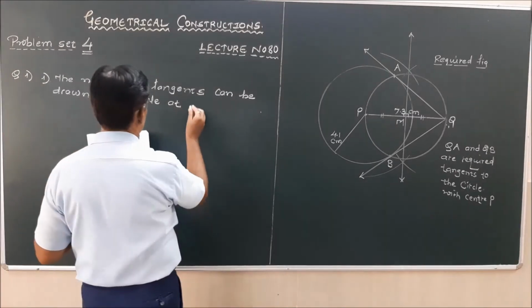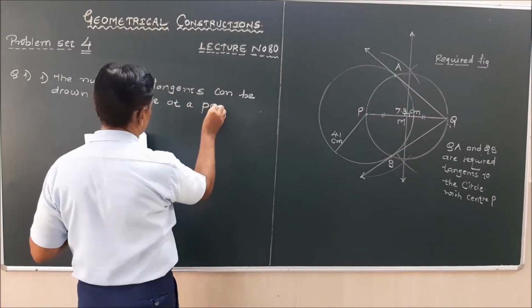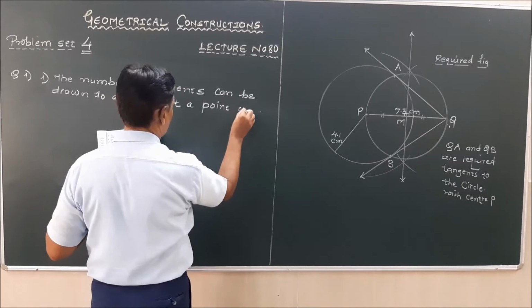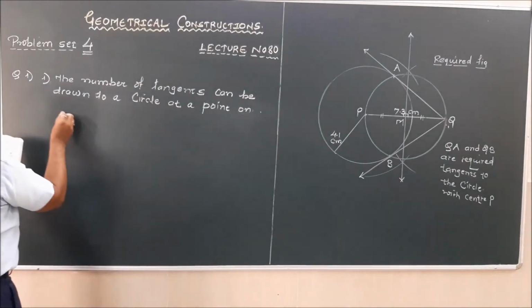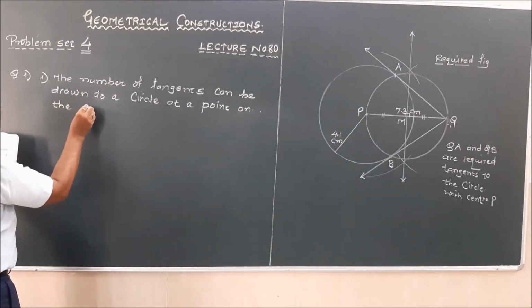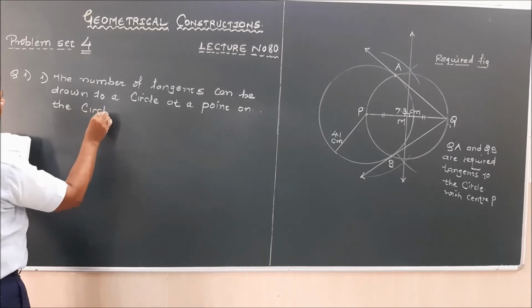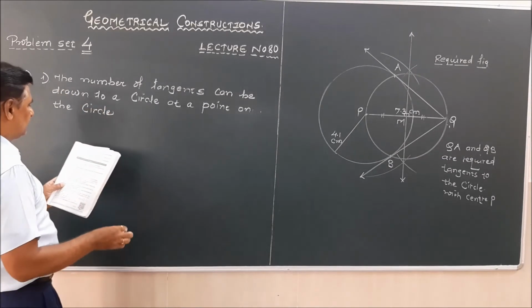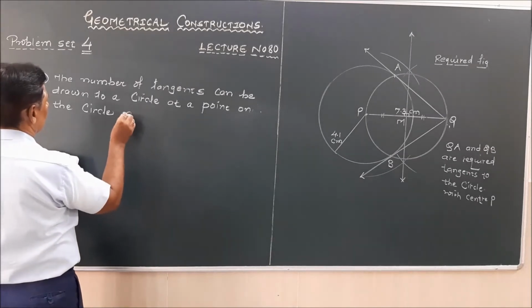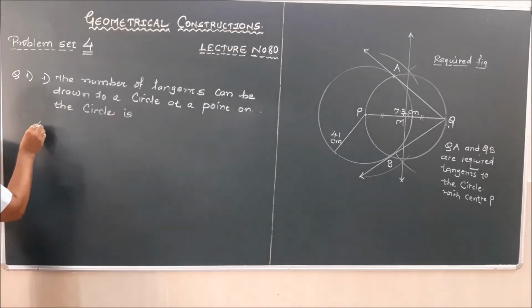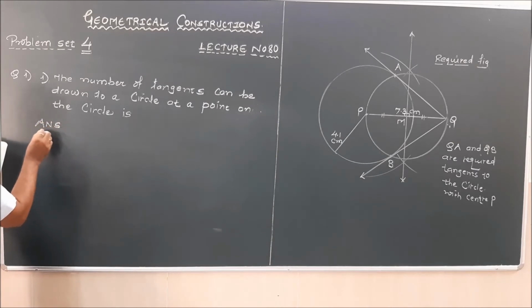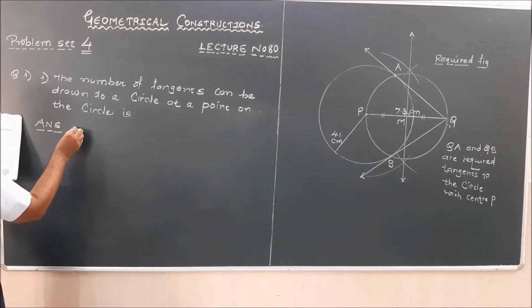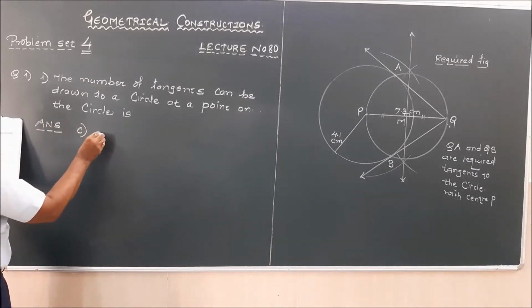at a point on the circle is... The option is very simple. Option is C, that is 1.